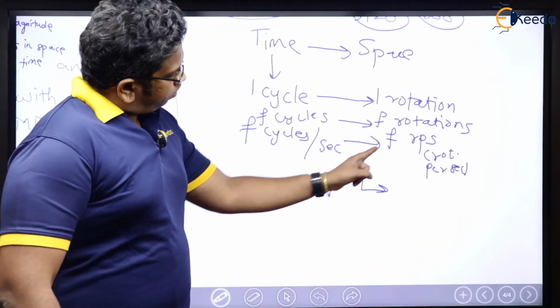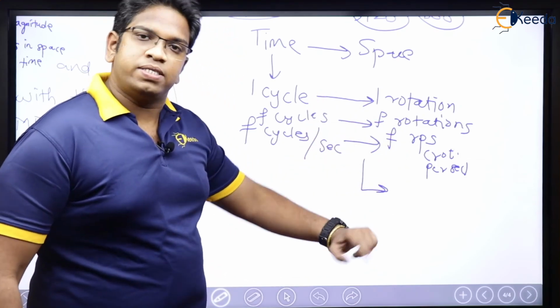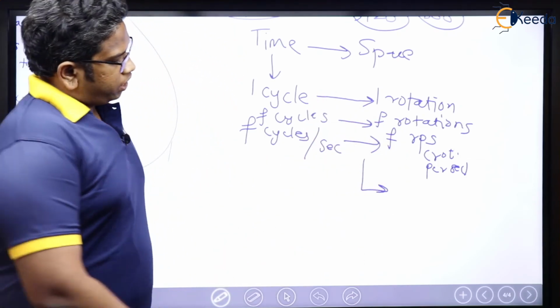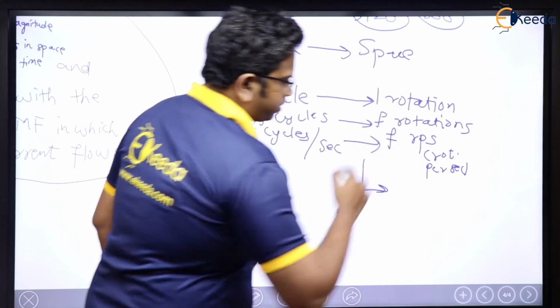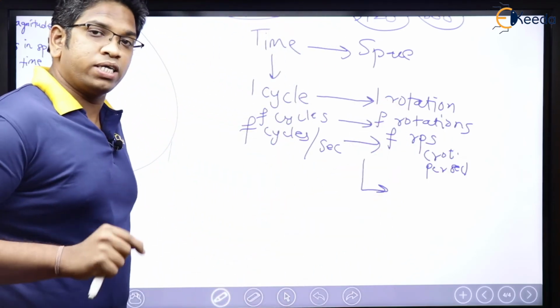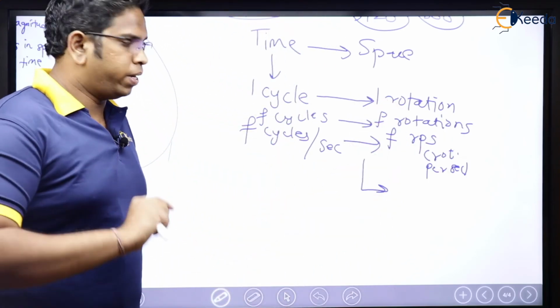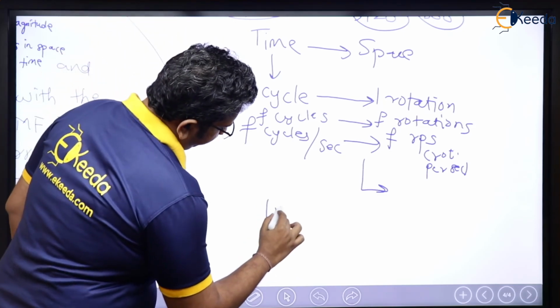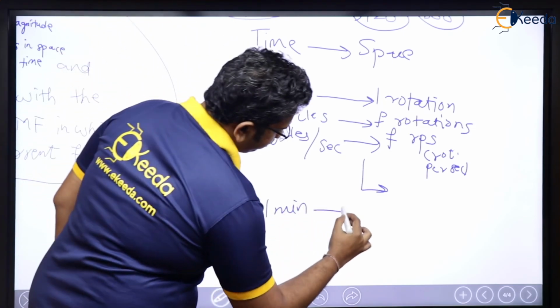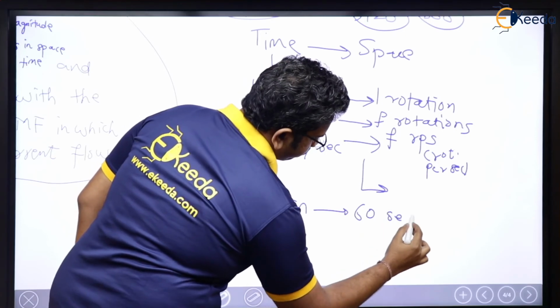Now, if I express this in terms of RPM, if I have F rotations per second, how many rotations will I have in 1 minute? 1 minute has 60 seconds.